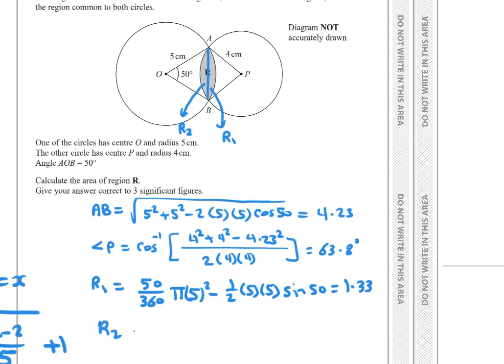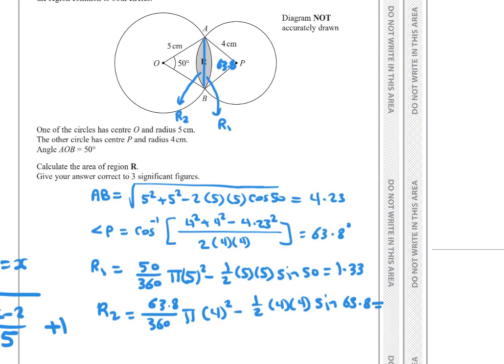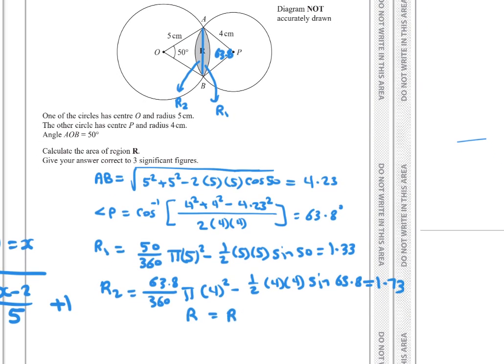For region 2, the angle is 63.8, so 63.8 over 360 times 4 squared minus half times 4 times 4 times sine 63.8 equals 1.73. Now R equals R1 plus R2 equals 3.06.